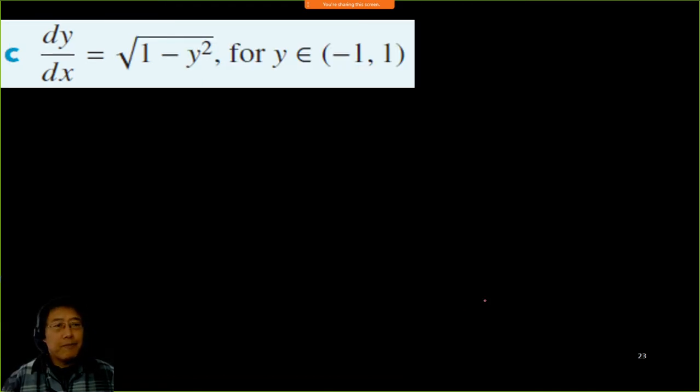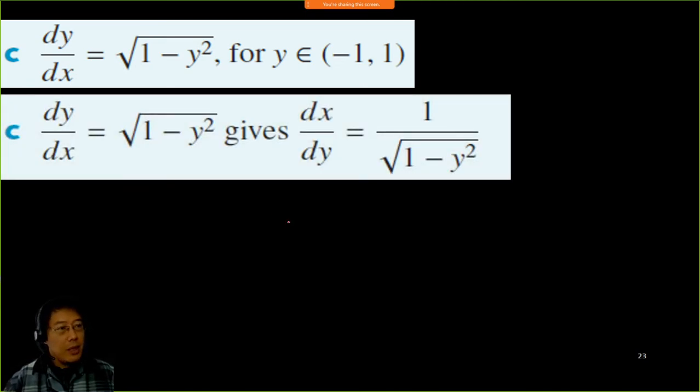Alright, part C. Dy over dx, you're going to do the reciprocal equation to have dx over dy, and then you separate the variables. So we have the reciprocal, we transpose the dy on the right hand side.